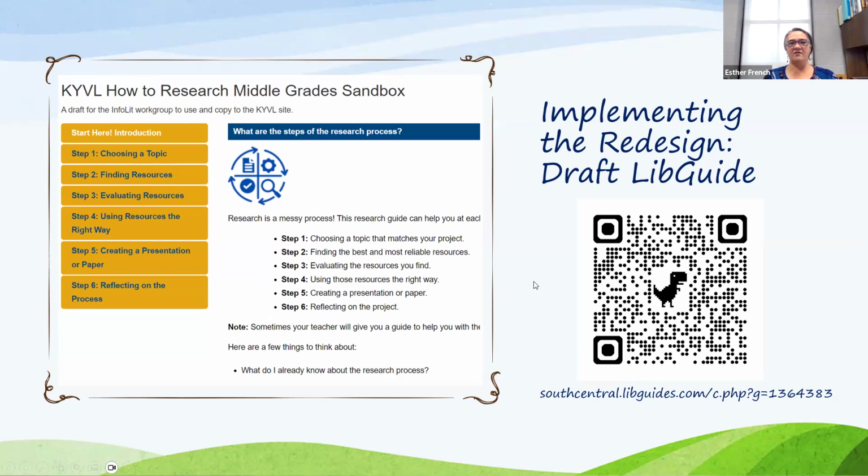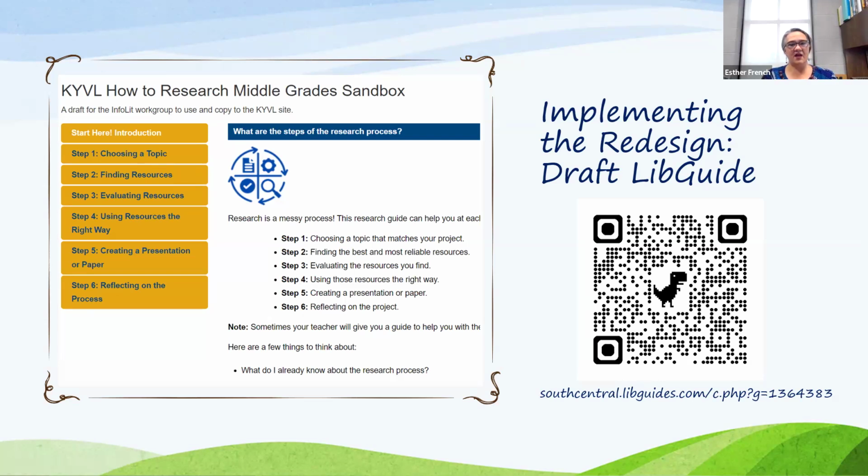After we got to a point where we felt comfortable with that version of it, I was able to just say, hey, Enid, copy this guide to the KYVL guide. So that's what we did. That's a private link out there, so you can still see the middle version going from the Google Docs to the draft LibGuide if you want to use that code to do that.